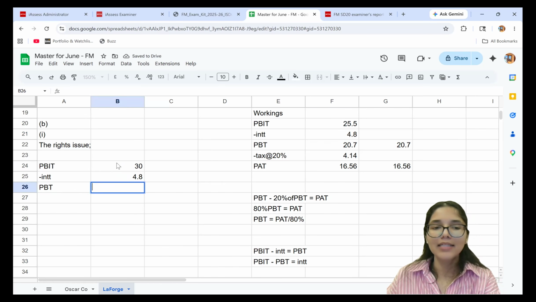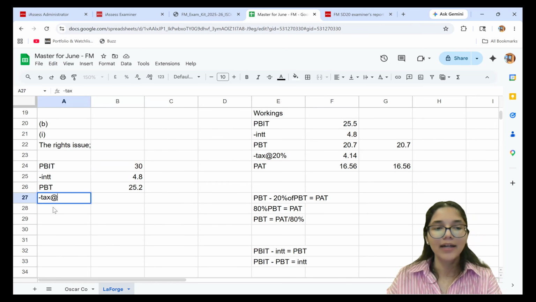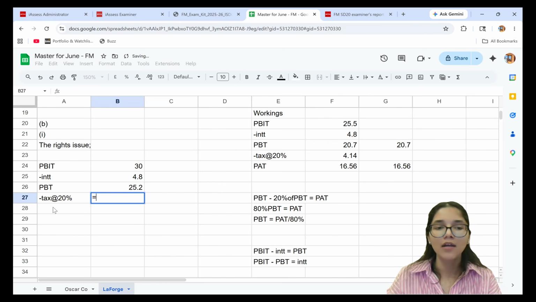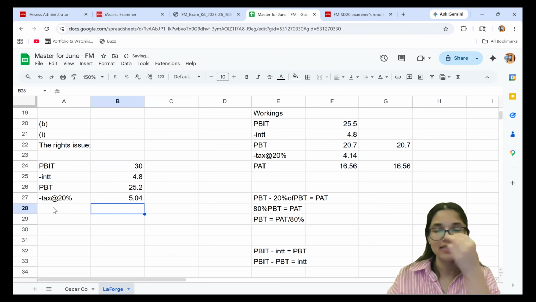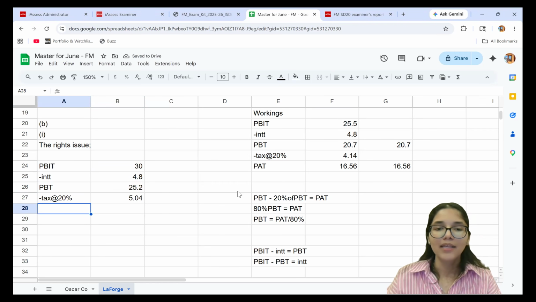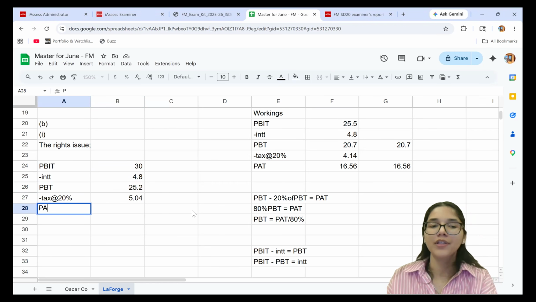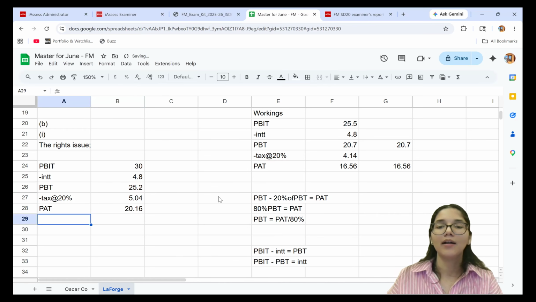So my PBT is 30 minus 4.8, that is 25.2. Then from this figure, my taxes will be subtracted at the rate of 20%. So equals this number into 20%. This is the amount of money that I will end up paying as the taxes. That means the PAT, profit for the year, will be what I will be left with after the taxes have been deducted. That is 20.16.